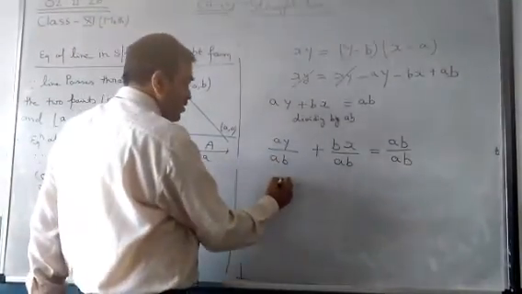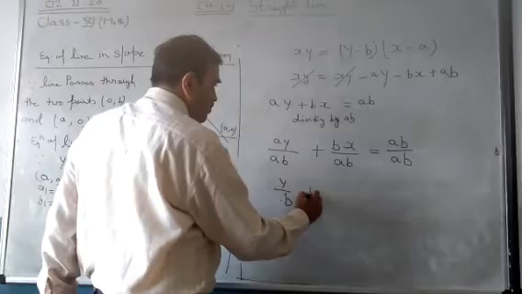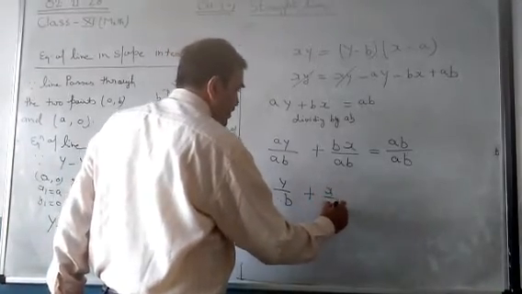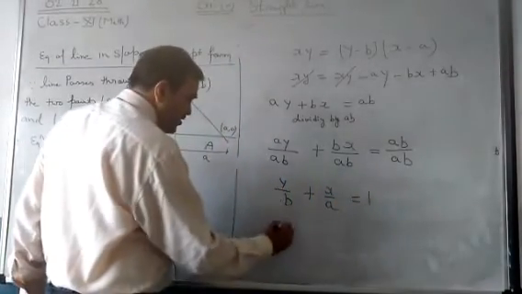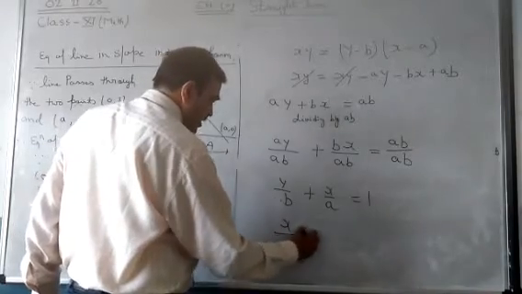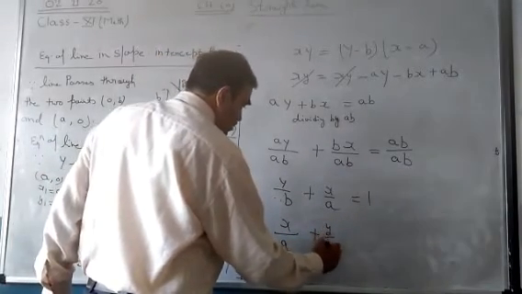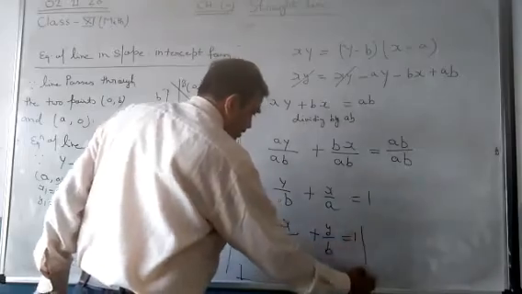A and a cancel out. y upon b plus x upon a equals 1. And this can be written as x upon a plus y upon b equals 1.